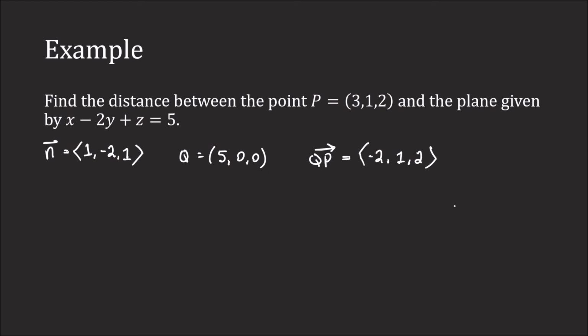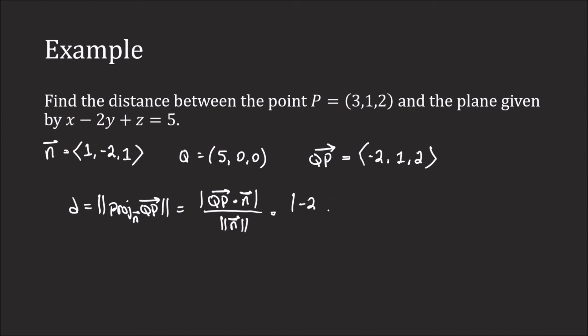So the distance is the norm of the projection of QP onto N, which, remember, was the absolute value of QP dotted with N all over the norm of N. So we get the absolute value of negative 2, negative 2 minus 2 plus 2, which is just negative 2, all over the square root of 1 plus 4 plus 1.